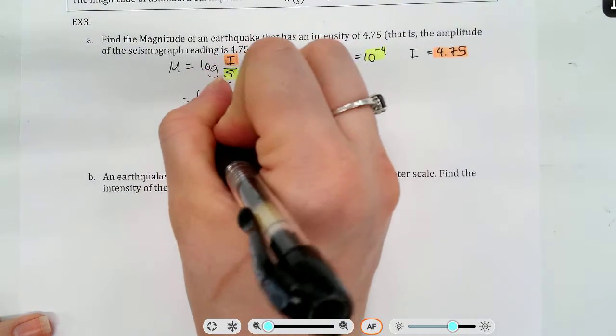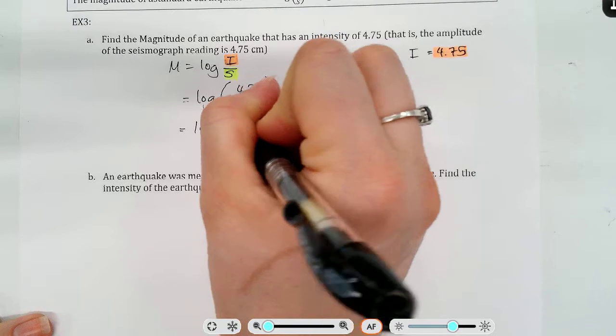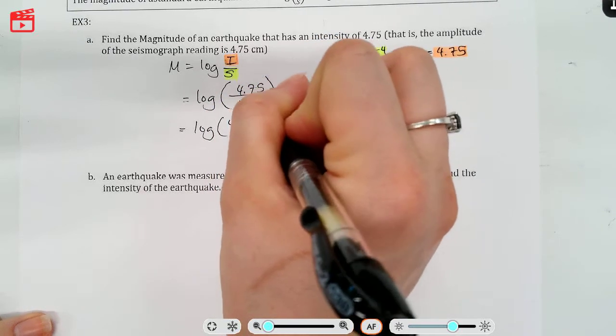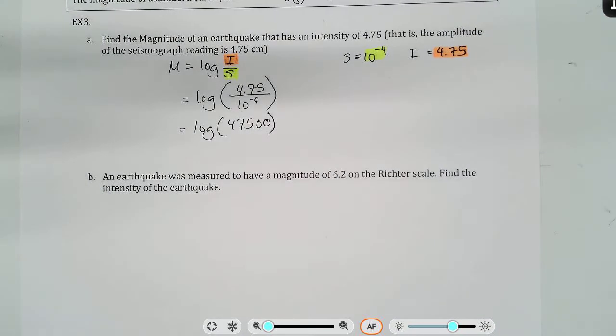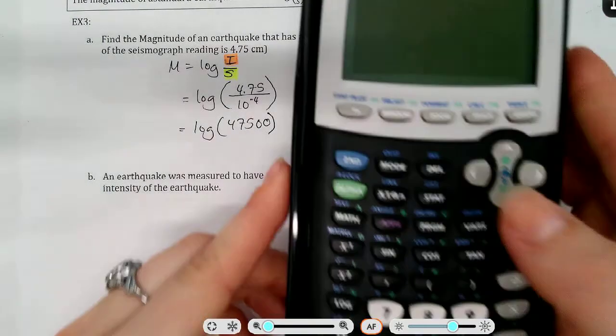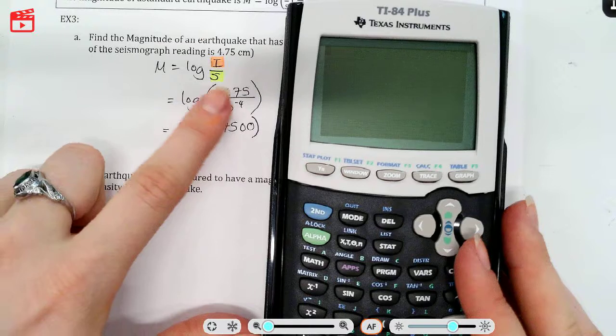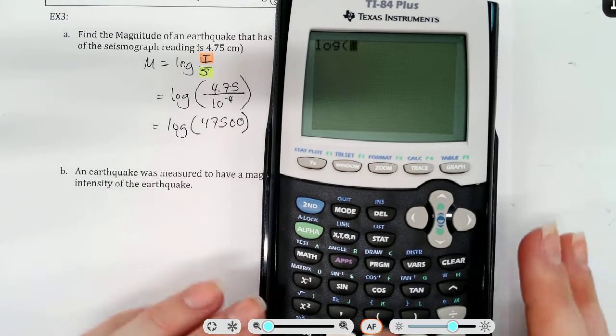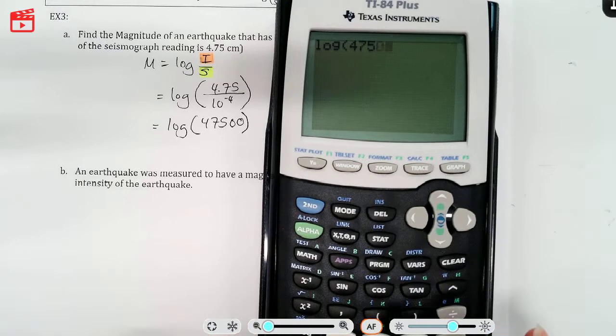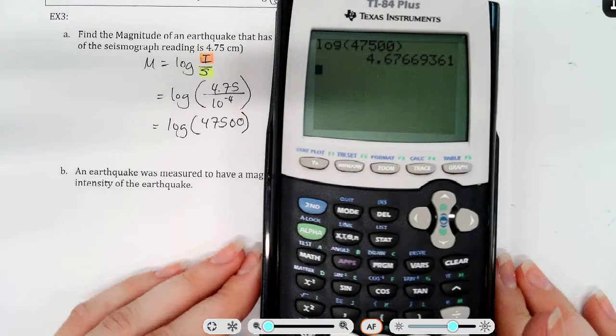Simplifying that, that's going to be log of 47,500. Plugging that into our calculator. Or you could have just plugged this other value in, but simplify if you can. So that's going to be log of 47,500 equals 4.67.